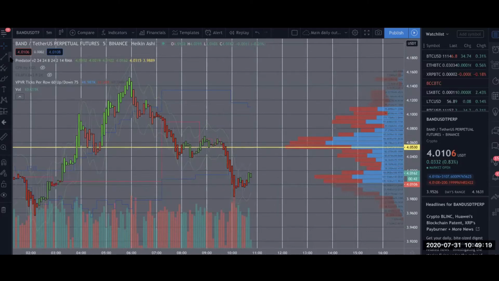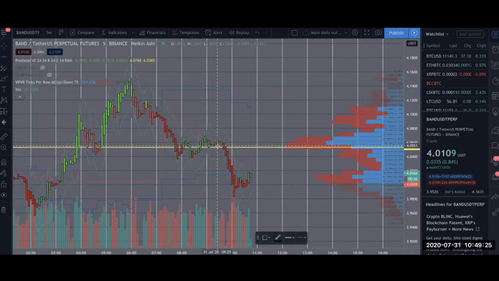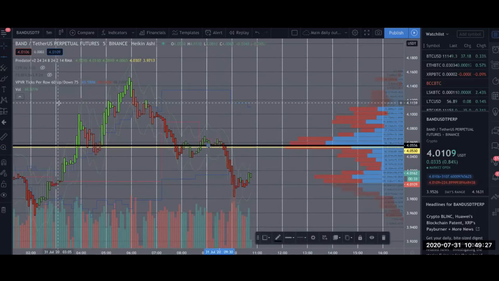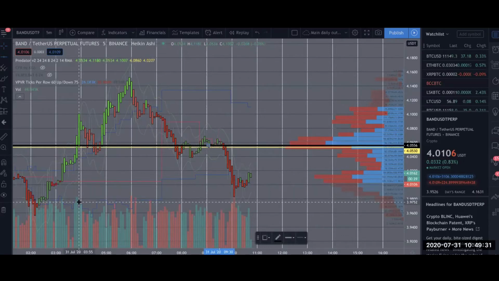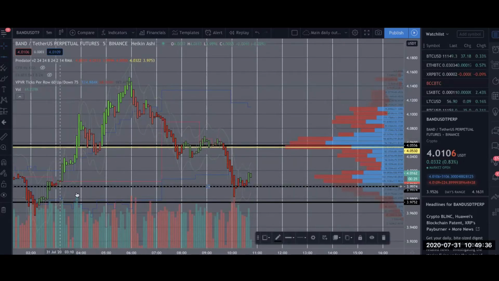And we can throw in our areas that we think are going to be a problem. Horizontal line. That to me is just a resistance area, support area, whichever way you're looking. That to me would also be one. And right now, we are very close to support there.